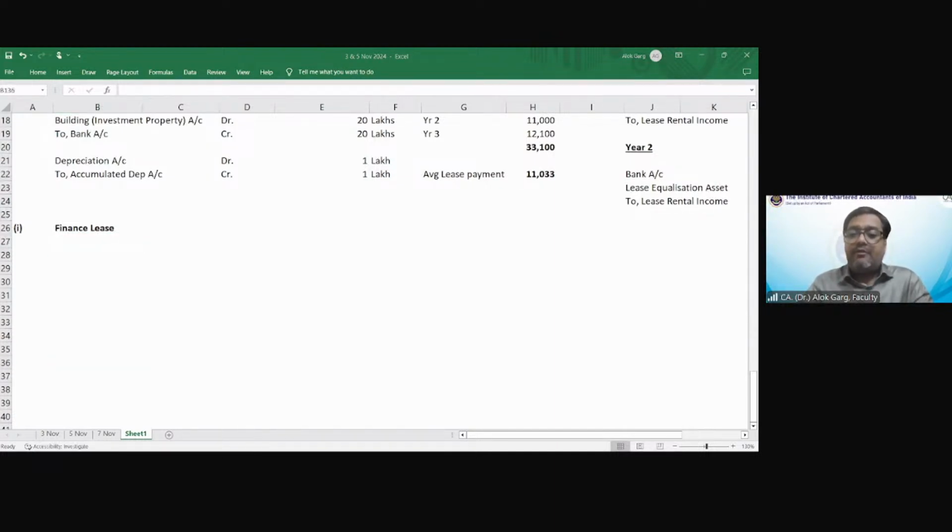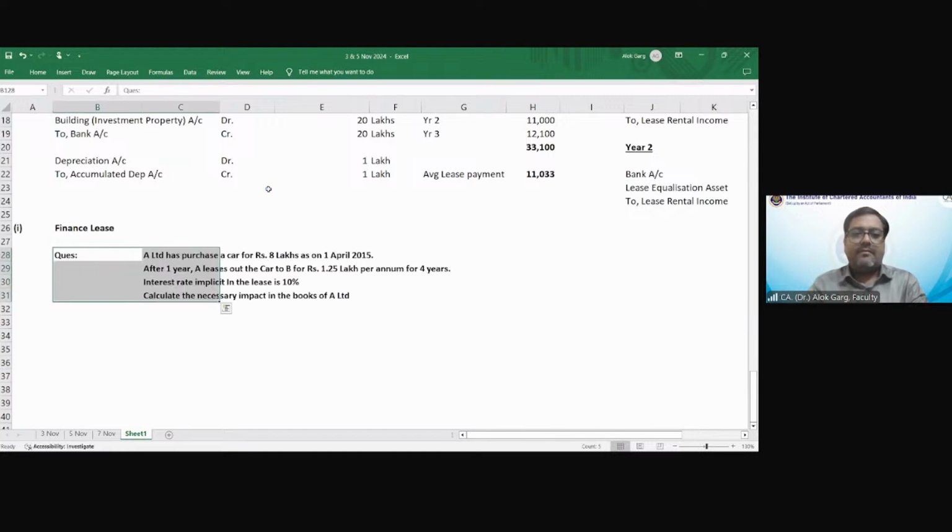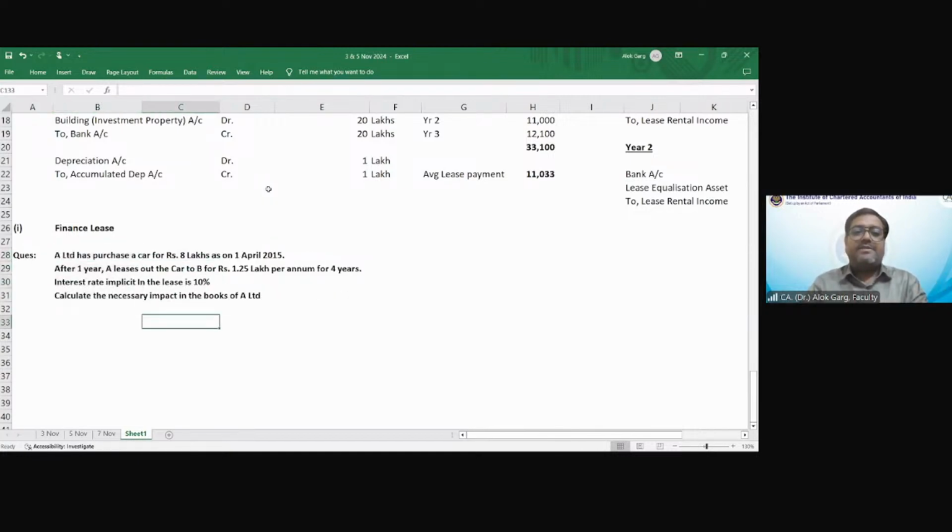Let me explain you again with the help of an example. Okay. So I am putting an example. A Limited has purchased a car for rupees 8 lakhs on 1st April 2015. After 1 year, A leases out the car to B for rupees 1.25 lakhs per annum for 4 years.